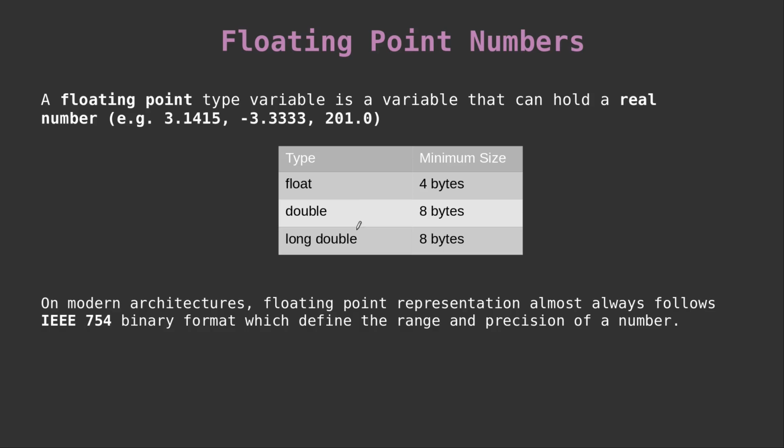On modern architectures, the floating point are represented through the IEEE 754 binary format, which mainly defines the range of the numbers and the precision of each number. To actually make the concept of precision more clear, we have the following example.